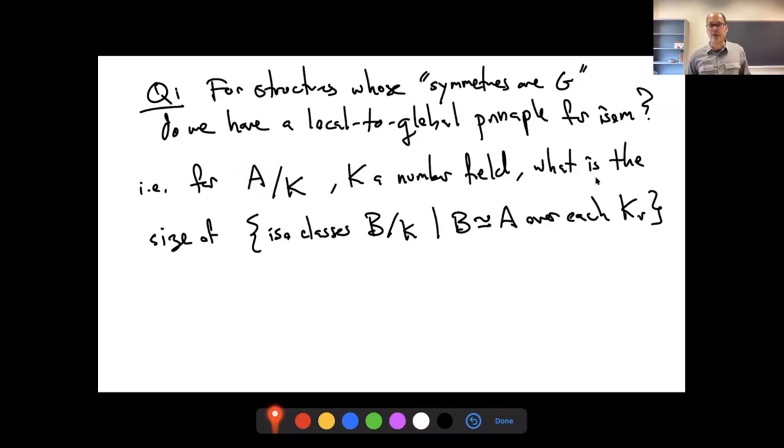It might be a quadratic form, it might be an octonion algebra or some other thing, but defined over a number field. We might ask, how many other isomorphism classes of algebraic objects look like this one over each completion? How much information about these things is controlled by what these things look like over each, let's say, p-adic field?